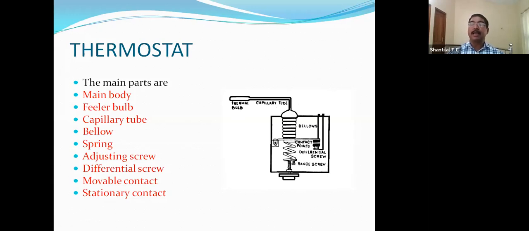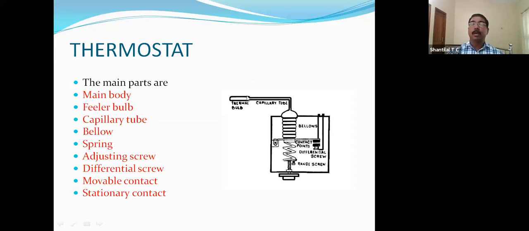When vapor forms, the bellow will expand. When it is in liquid state, it will contract. Depending on the evaporator temperature, the bellow expands or contracts, and at that time the contact point closes or opens.